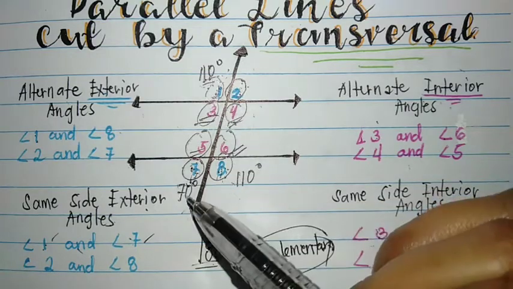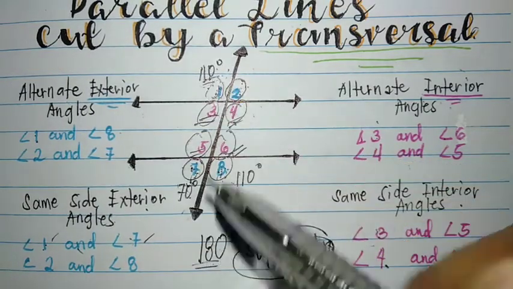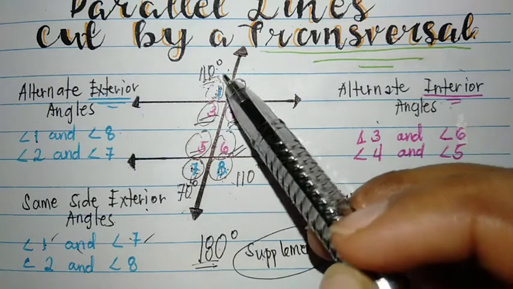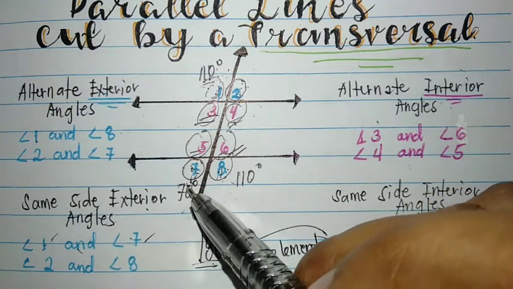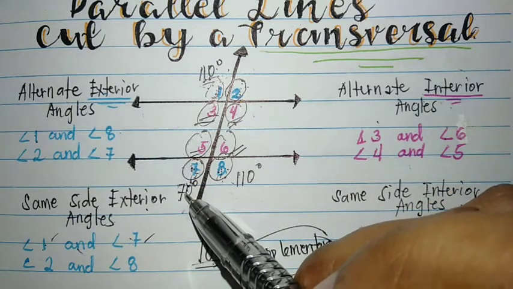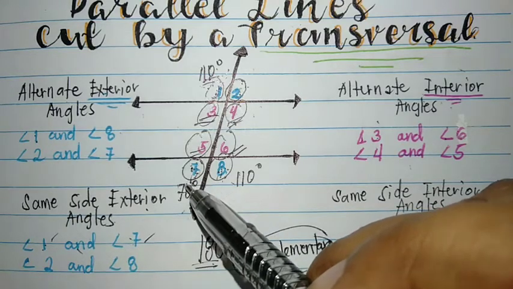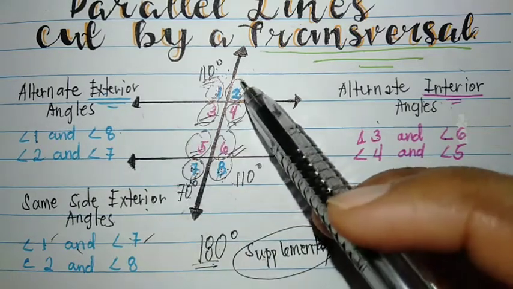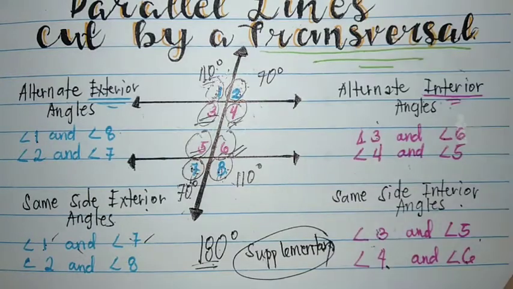Therefore, angle 1 and angle 7 are supplementary since 110 plus 70 is 180. Ganun lang siya kasimple. So, we have 110, 70 degrees. So, by that, alamin naman natin yung ibang angles. Since si angle 7 ay 70 degrees, and ang kanyang alternate exterior angle is si angle 2, therefore, si angle 2 ay 70 degrees. Tama?